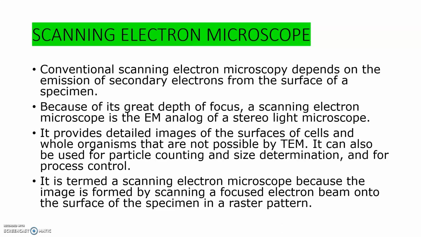It can also be used for particle counting and size determination, and also for process control. And it is termed scanning electron microscope because the image is formed by scanning a focused electron beam onto the surface of the specimen in a raster pattern.